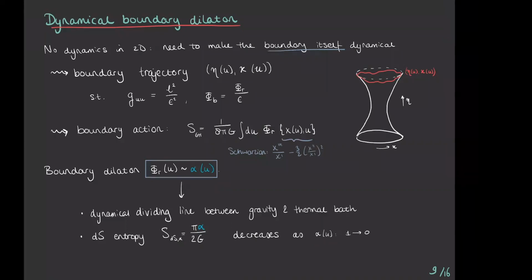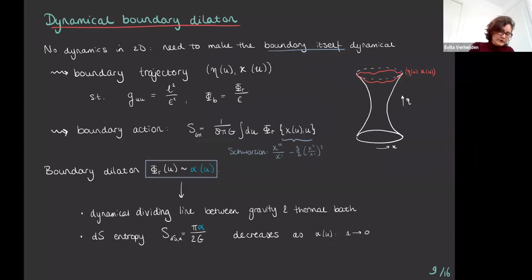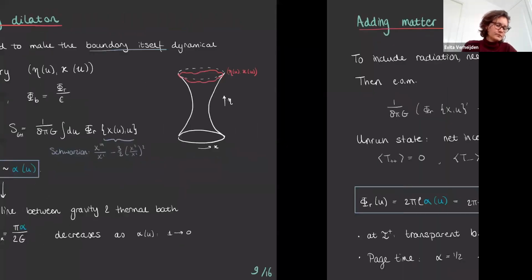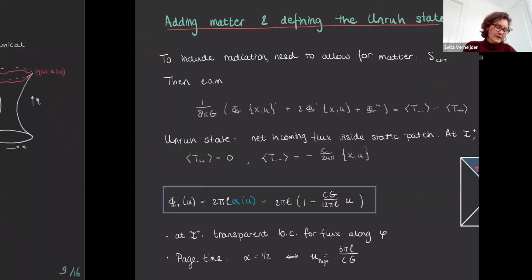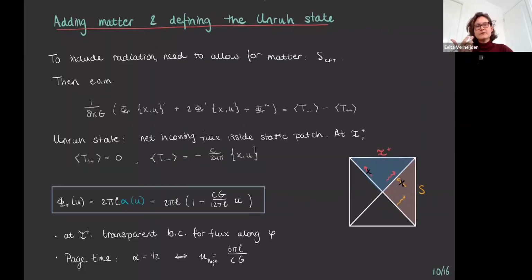All right, thanks. Okay, so how are we going to achieve this dynamical boundary dilaton? We need to add matter to model our radiation. Then the equation of motion following from the matter term in the action and the Schwarzschild action will give an equation of motion for this boundary dilaton phi r.